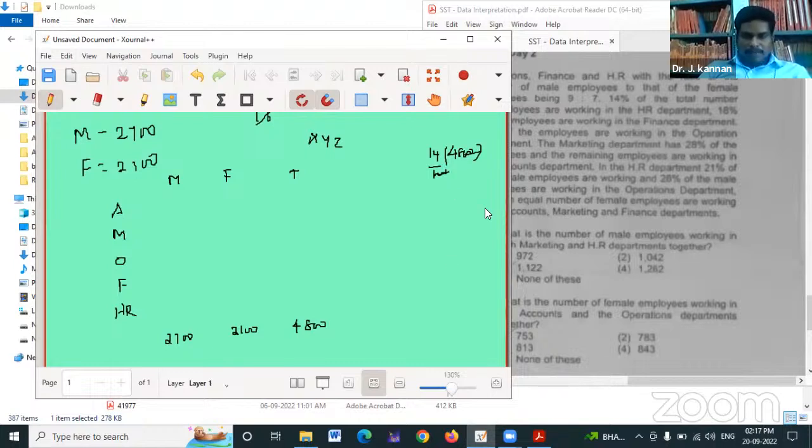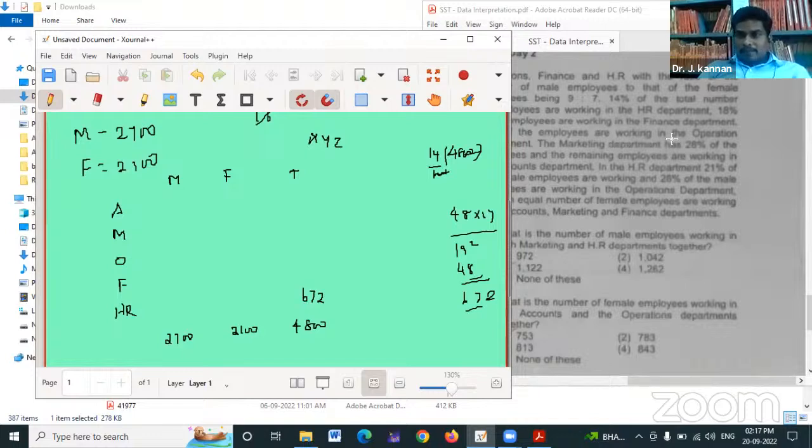So the HR department has a total of 672 employees.